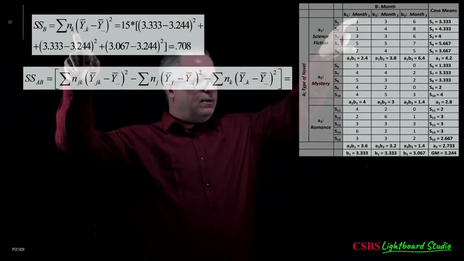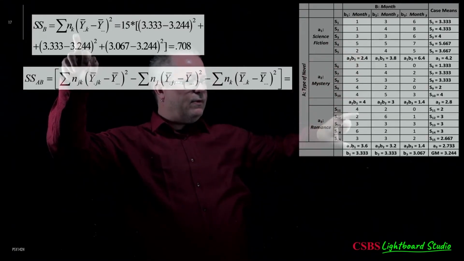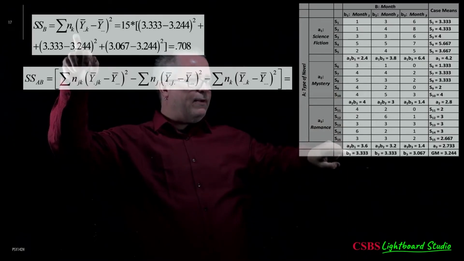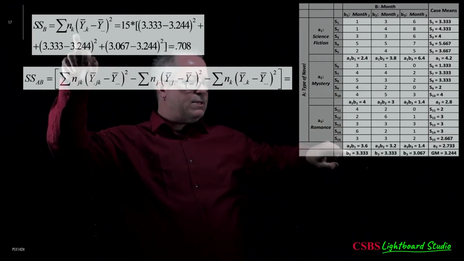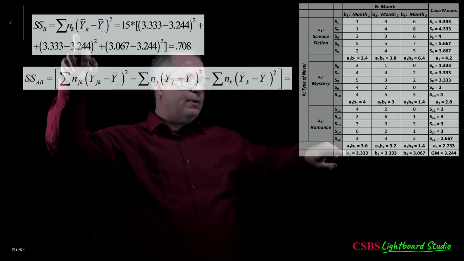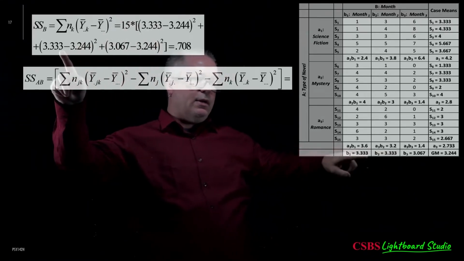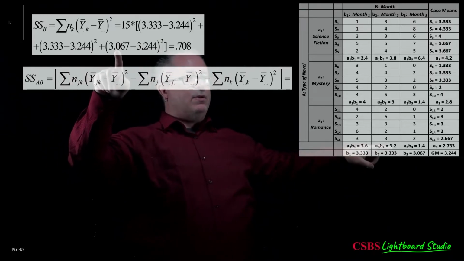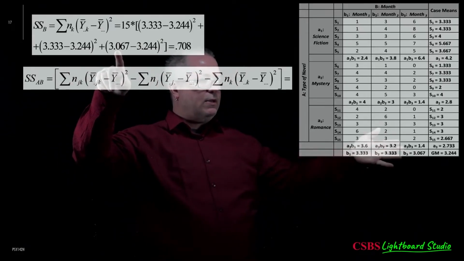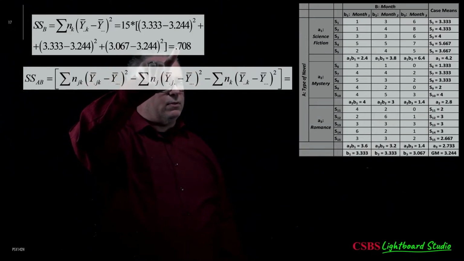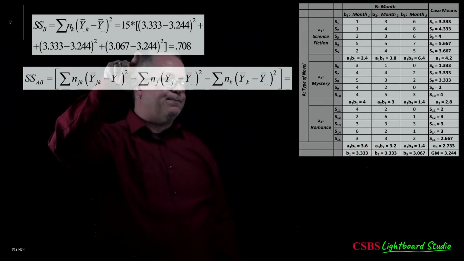These 5, those 5, and those 5. So it makes sense that we would weight this by 15, because that 3.333 is the average of 15 scores. So 3.333 minus the grand mean, again 3.333 minus the grand mean, 3.067 minus the grand mean, all of those. Then we look at the effect of A, which is really, really small, so we only get 0.708 sum of squares.